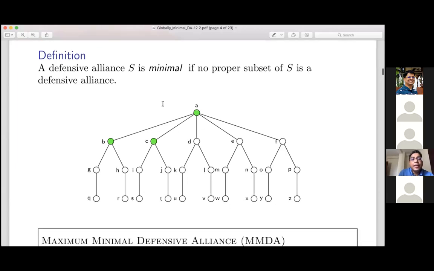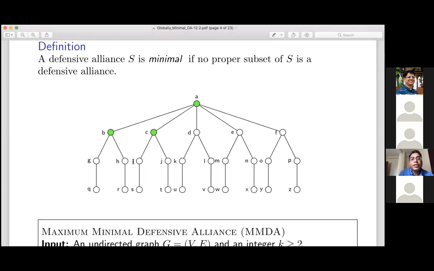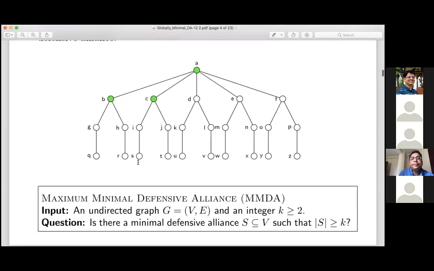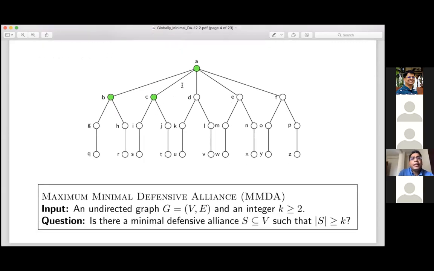So here you can see that, so this is a tree, and you can see that we have a defensive alliance of size 3 here, sorry, minimal defensive alliance of size 3 here. You can see that everything is protected. A is protected because it has 3 neighbors, including itself in S, and 3 neighbors outside.